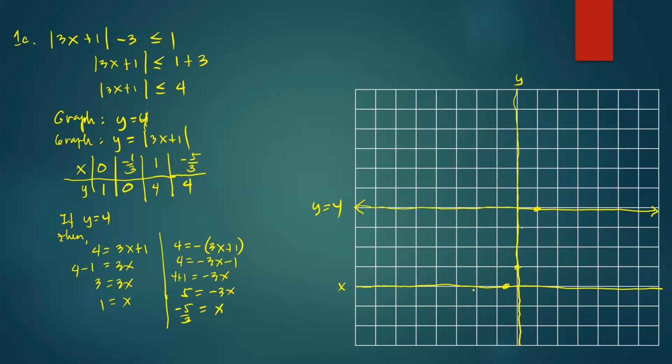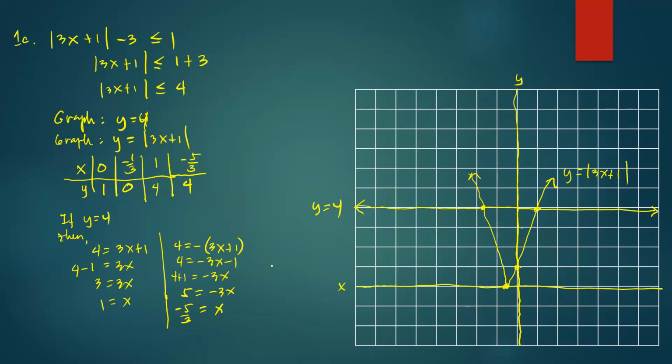Negative 5/3 is negative 1 and 2/3. Then 4. Okay. So this is our graph. So this is the graph of y is equal to the absolute value, or the modulus of 3x plus 1.